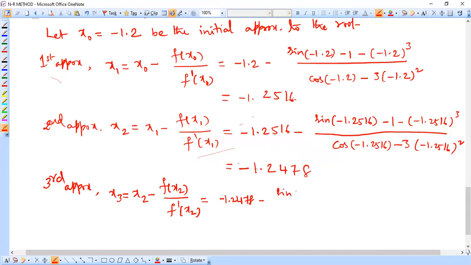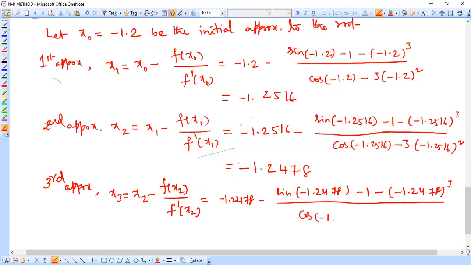Sine of minus 1.2478 minus 1 minus of minus 1.2478 whole cube, divided by cos of minus 1.2478 minus 3 times minus 1.2478 square. And what is our answer to this? This is now minus 1.2491. Okay, this is my third approximation to the root.